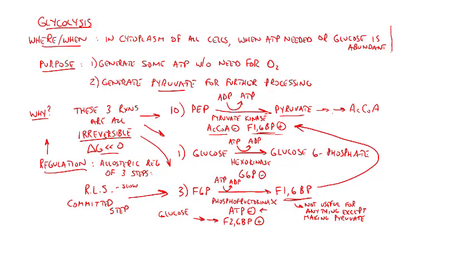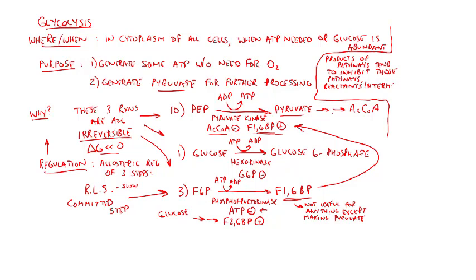So there's a general principle that's true of metabolic regulation. It's not a hard and fast rule. There are exceptions, but it's a good rule of thumb. And that is products of pathways tend to inhibit those pathways, whereas reactants of those pathways or intermediates tend to activate those pathways.